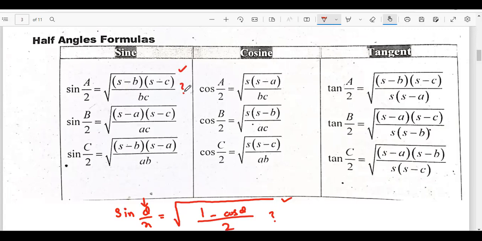If the question is about the angle, then you can use the first one, and you will use these for solving different identities. We will talk about that chapter next week about trigonometric identities. But yes, when we talk about half angle formulas, this is what comes to anyone's mind. Yes, this is also a half angle formula, and all of them are half angle formulas because they are also half angles. We use them for solving trigonometric identities.